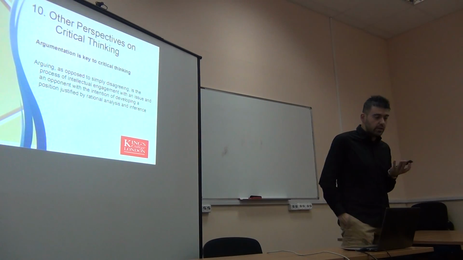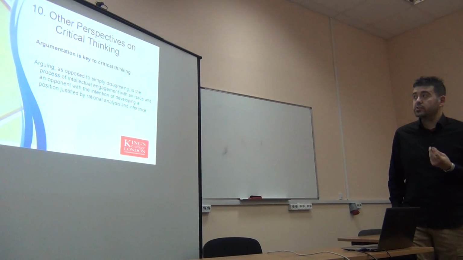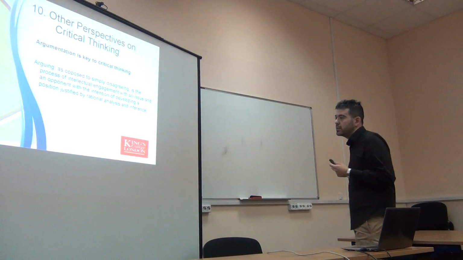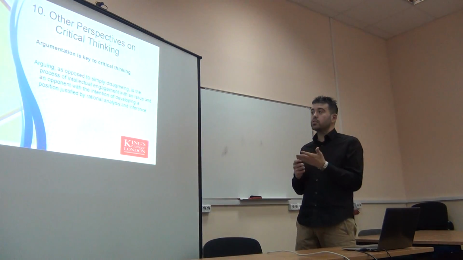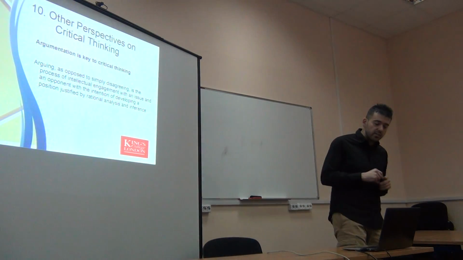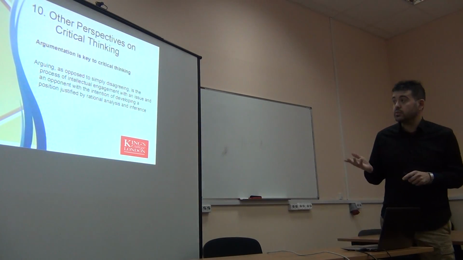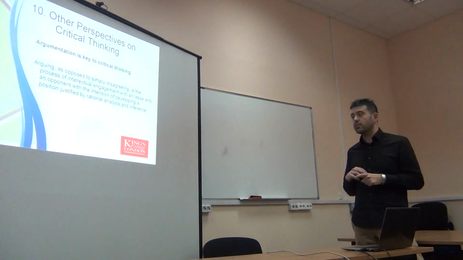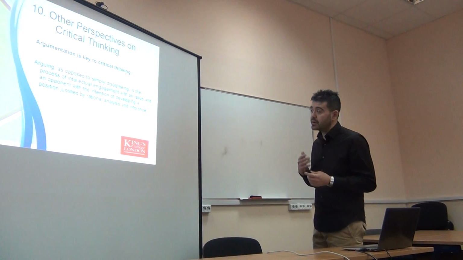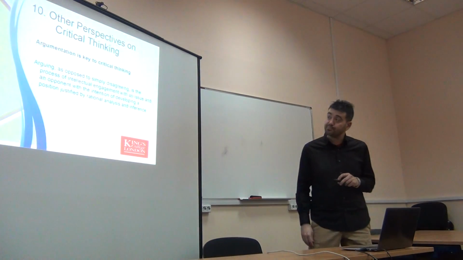Toulmin's model. So as you can see from this model, argumentation is a key to critical thinking. Arguing, as opposed to simply disagreeing, is the process of intellectual engagement with an issue and an opponent with the intention of developing a position justified by rational analysis and inference.